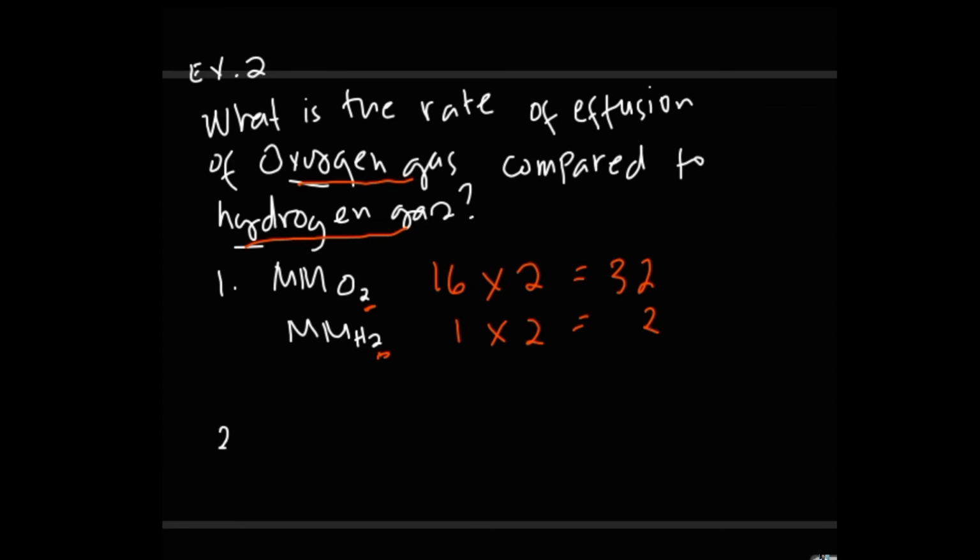The second step is let us set the rates. Let rate A be our oxygen gas, and our rate B is the hydrogen gas. Again, this is our rate A, and this is our rate B. So, oxygen and hydrogen.